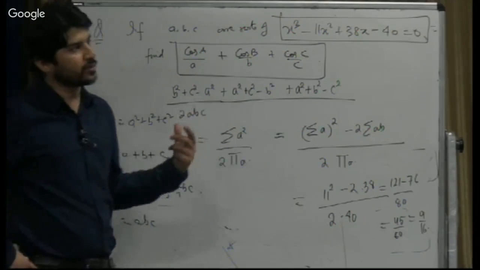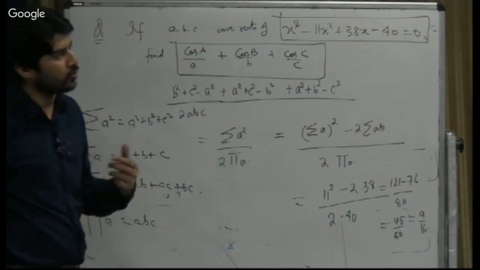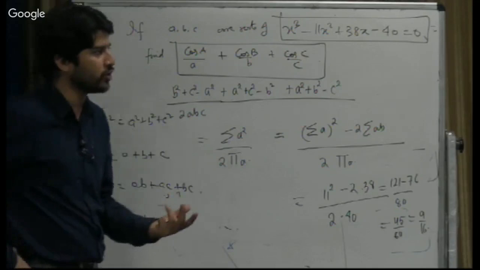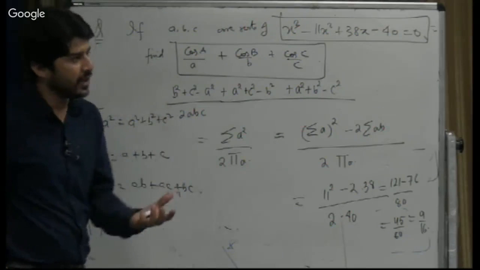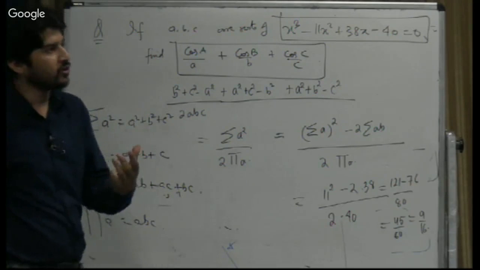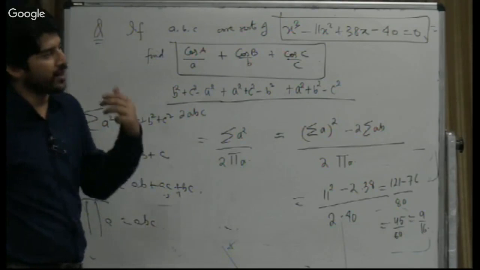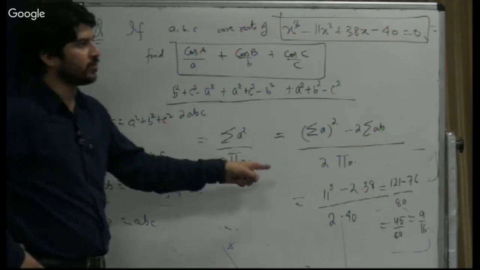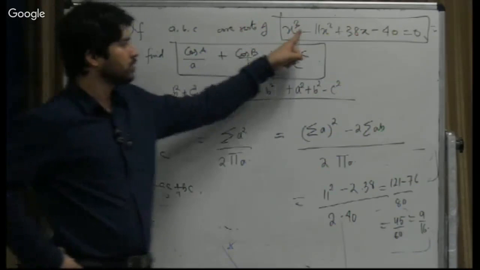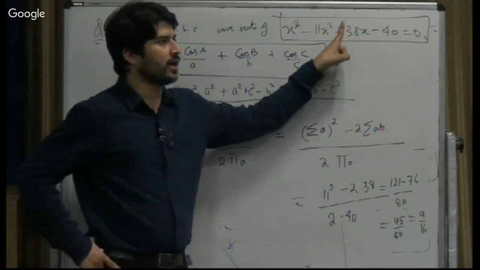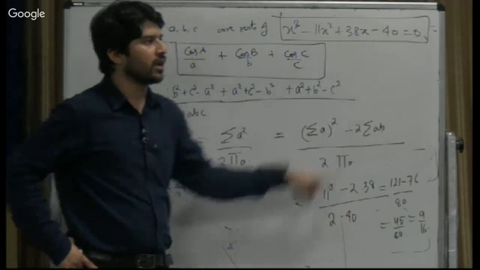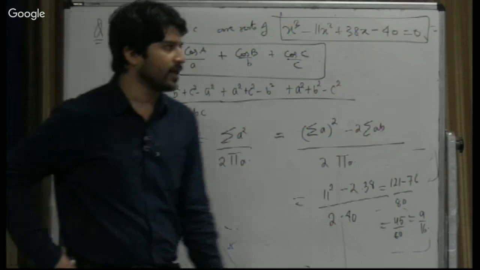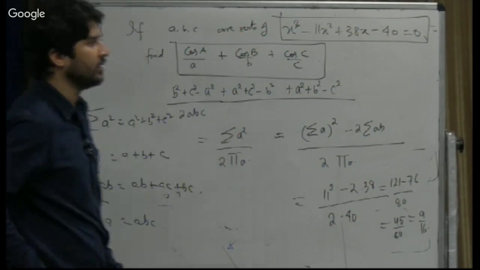Now I don't know how to get A square plus B square plus C square directly, but I know how to get (A plus B plus C) whole square, and I know how to get AB plus BC plus CA. So I know (A plus B plus C) whole square minus twice of (AB plus BC plus CA), using the concept of sum of the roots, the product of two roots and the product of three roots. I just found my answer. So finally the answer I got is 9 by 16. Clear?